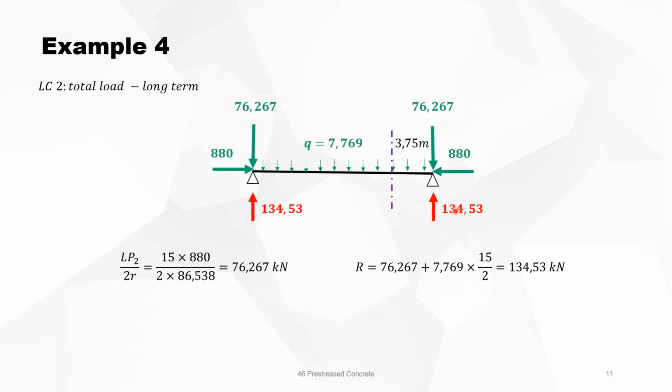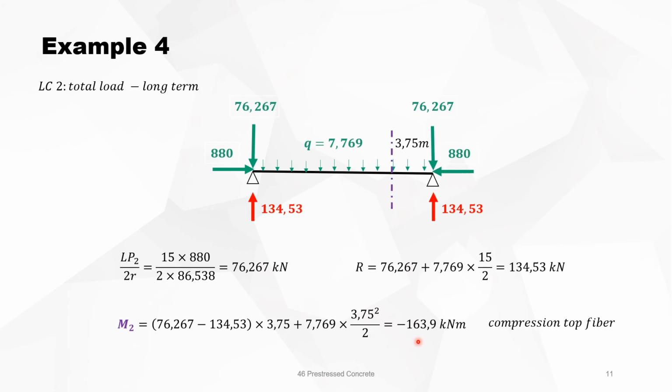It means that the reaction is then equal to 134.5 kilonewton, the reaction force in the supports. And then we can calculate the bending moment at a section of 3.75 meters distance from the support, and it gives us minus 163.9 kilonewton meter, and this means that there is compression on the top fiber because the bending moment is negative.